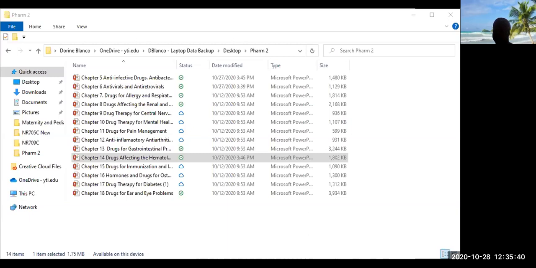You're going to see your heparins, usually given IV or subcutaneously, and under that same category your low molecular weight heparins, which are your Lovenox, also given subcutaneously.